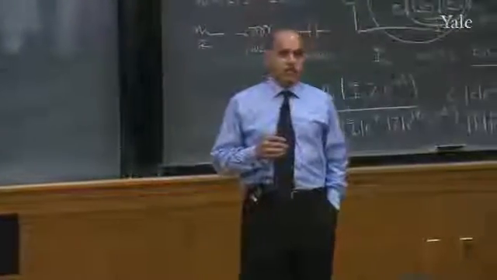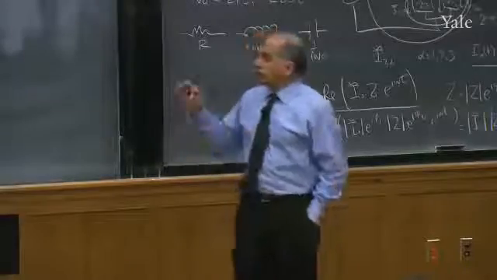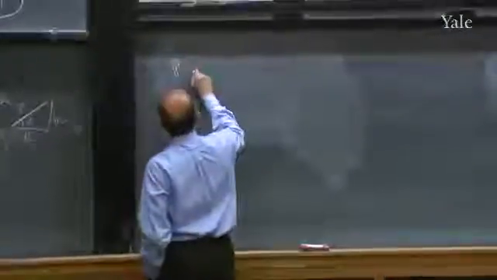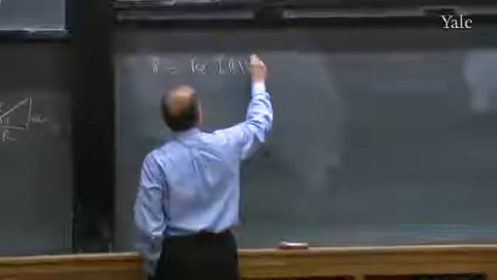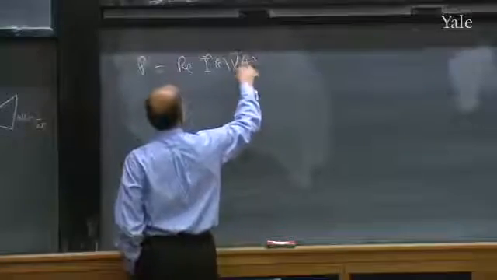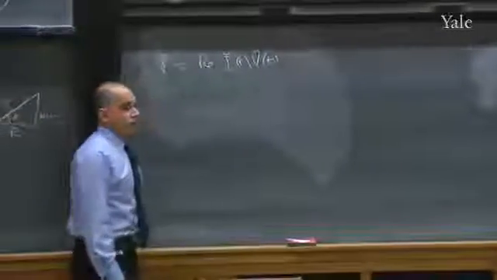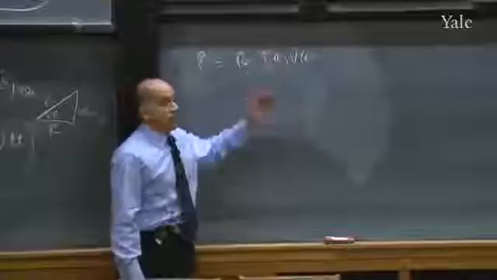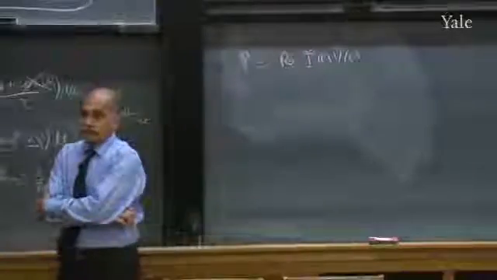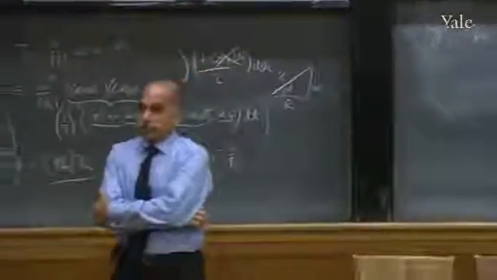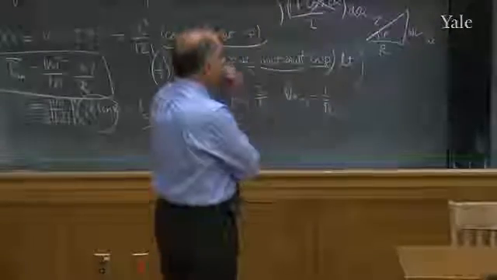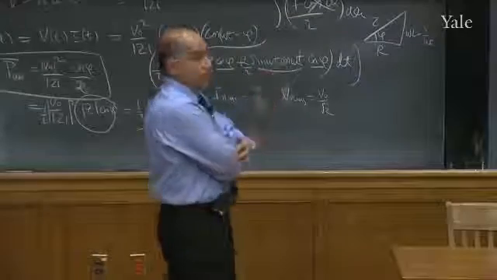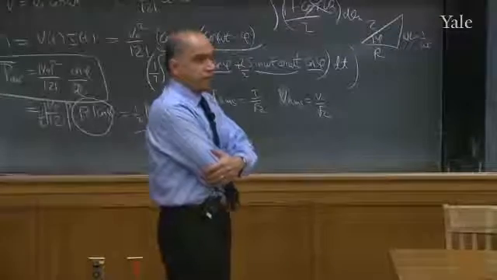Why is it that when we come to the power, the power is not simply the real part of I twiddle times V twiddle, where V twiddle is V naught e to the i omega t? Why is it that taking the real part of this doesn't work? Everywhere else, we took the real part of the current, we got the right answer. Real part of the voltage, we got the right answer. But not when you take the real part of this.